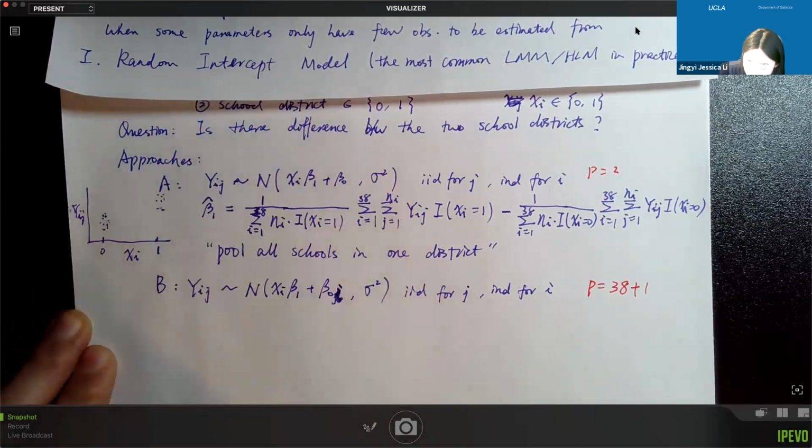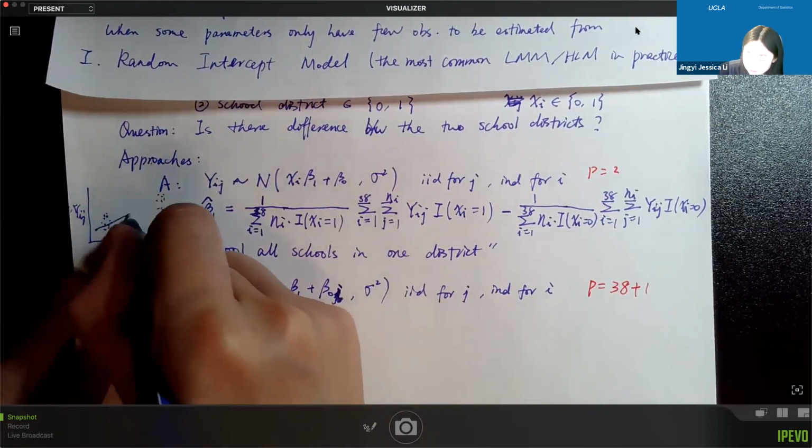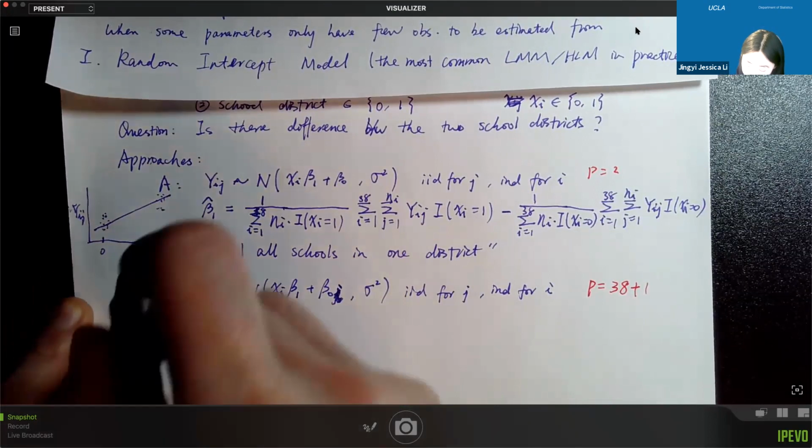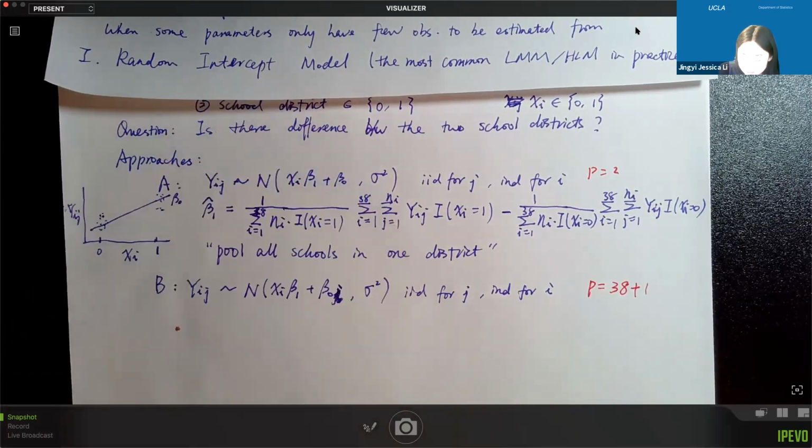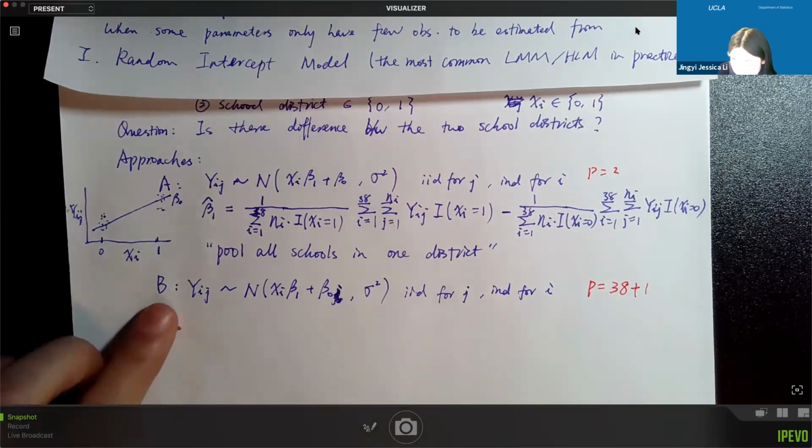Then you draw a line as the linear regression line, and you have a common beta 0. That's it.